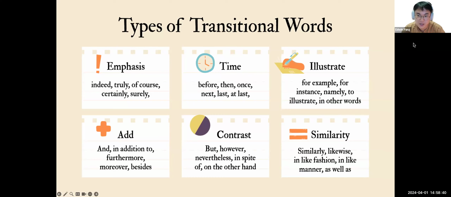Okay, Jasper, do you have a raised hand? Go ahead, Jasper. I don't know the meaning of emphasis. Okay, very good. Emphasis, the first box here, right? Emphasis means to make something even more serious or obvious. When I say yes, I'm saying that something is true. But if I want to make the yes even stronger or heavier, I might say something like, indeed, very true.